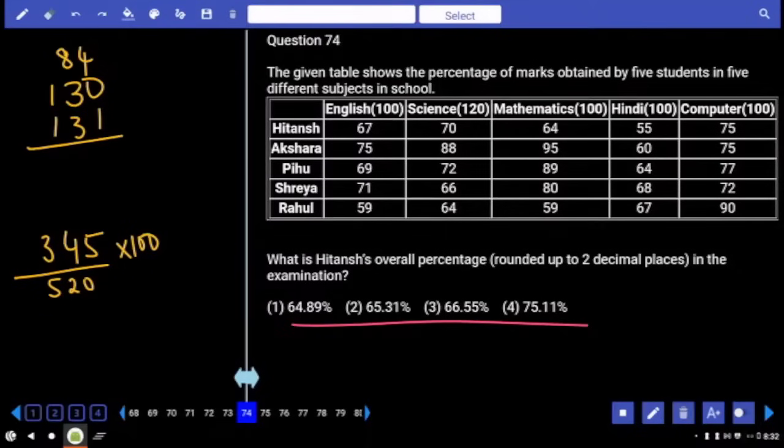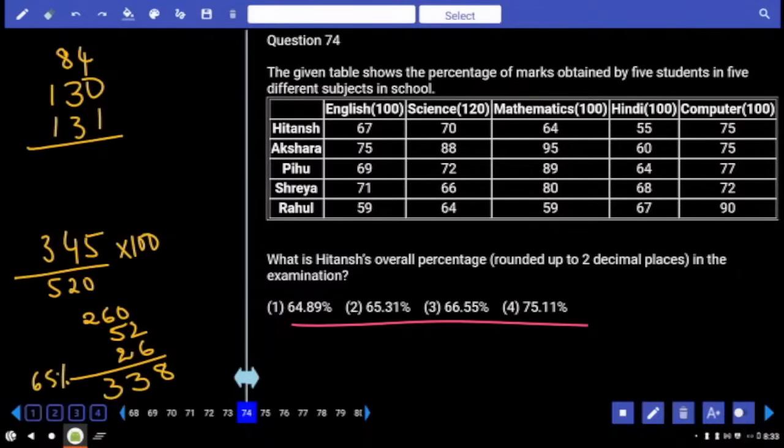So let me directly calculate 65% and then see. What is 50%? 260. 10%? 52. 5%? 26. 8.3. And this is equal to 65 percentage, right?